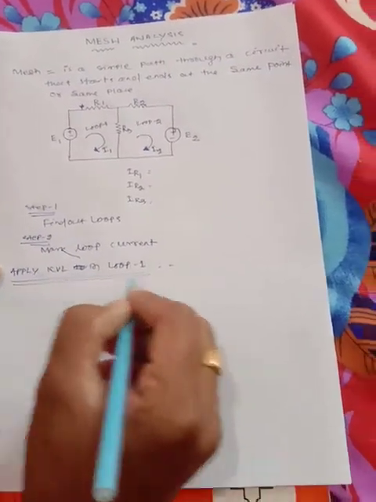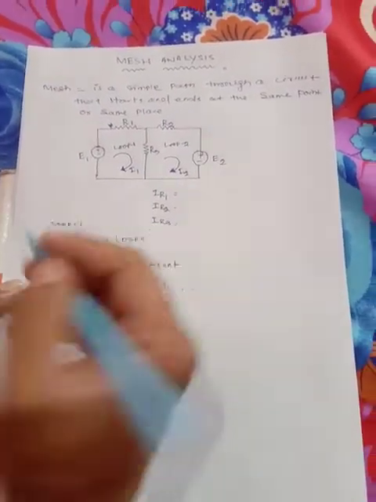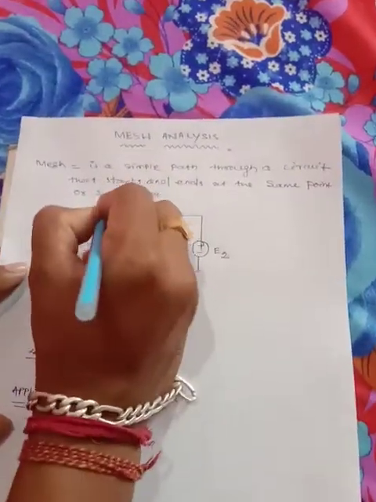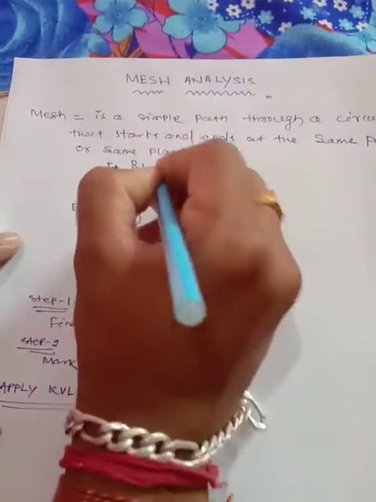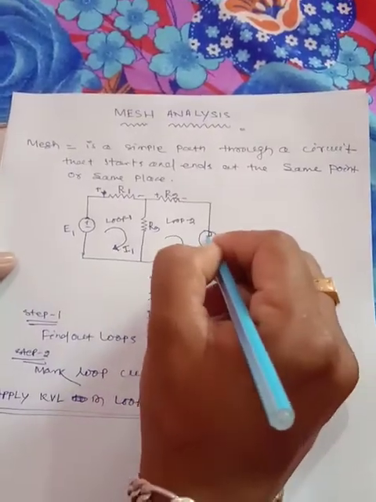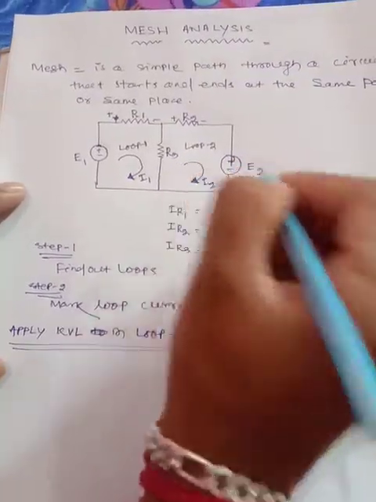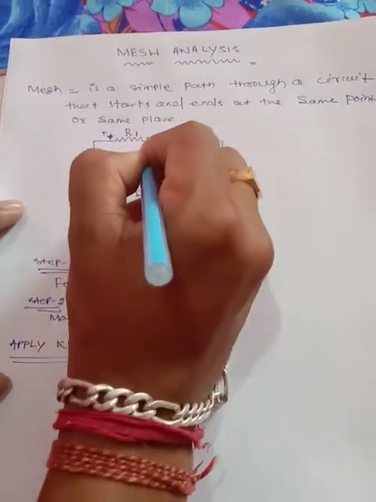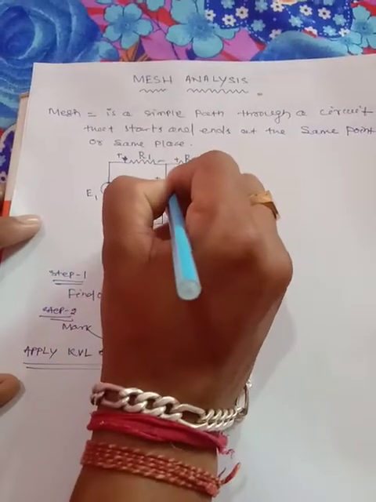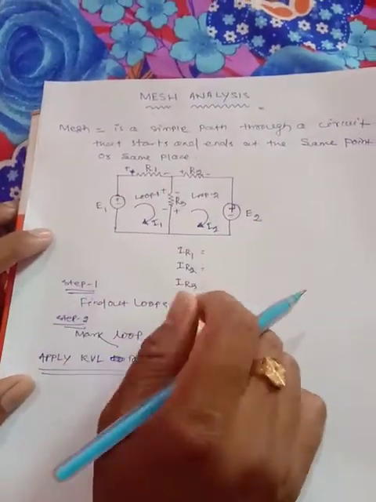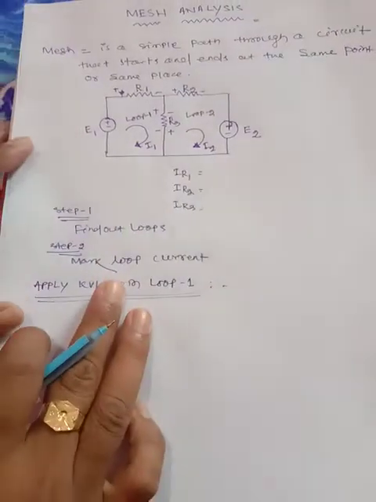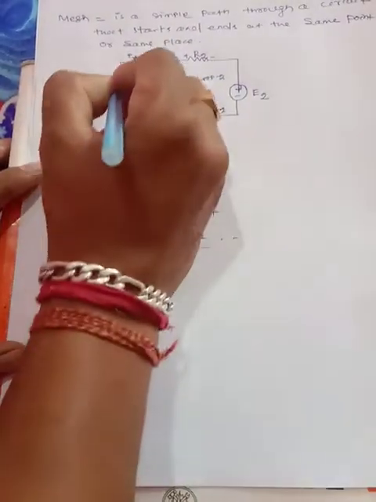Here, applying KVL in loop 1, let me name the polarities: positive, negative, positive, negative. Here it is already fixed, positive, negative. In the I1 current direction, positive, negative, and in the I2 direction, positive and negative. Here E1.